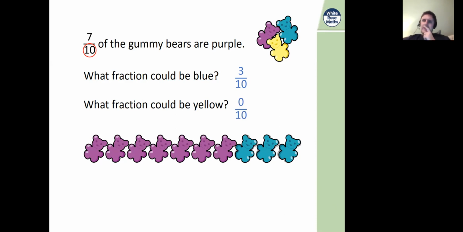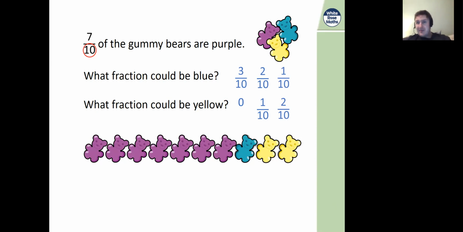All right, well, let's look at it a different way. What if 2 of them were blue and 1 of them was yellow? In that case, the blue ones would be 2/10 and the yellow ones would be 1/10. Well, let's look at it a different way. What if there was 1 blue and 2 yellow? That means we'd have 1/10 is blue, 2/10 yellow, and you know what's going to come next?